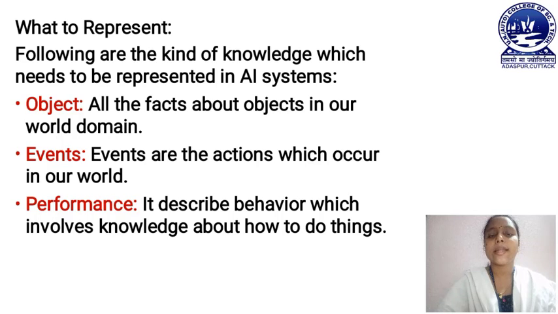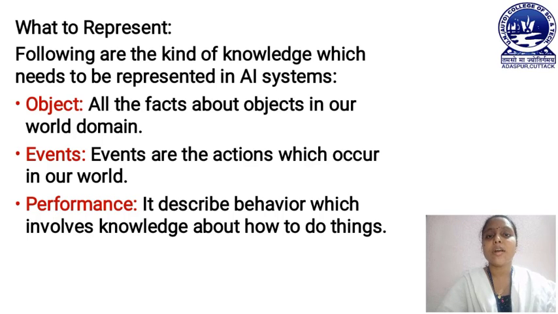Next, what kind of knowledge needs to be represented in artificial intelligence? First one is the object. Here, object represents all real world facts. Then next one is the event. Here, event represents the actions that are performed in our real world.